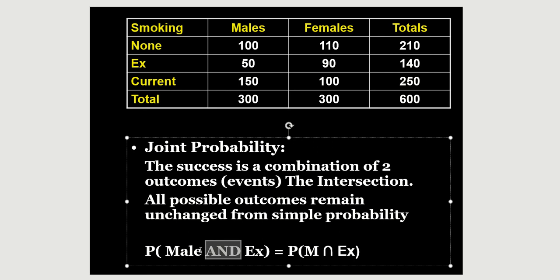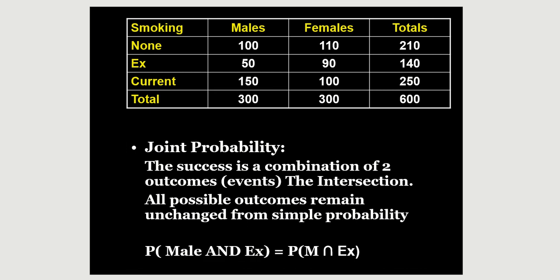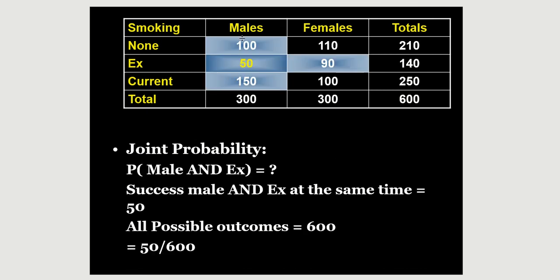So that person has to be a male and an ex-smoker. So the way to do it is you look at who are the males, who are the ex-smokers, and where they intersect. That is your successes.